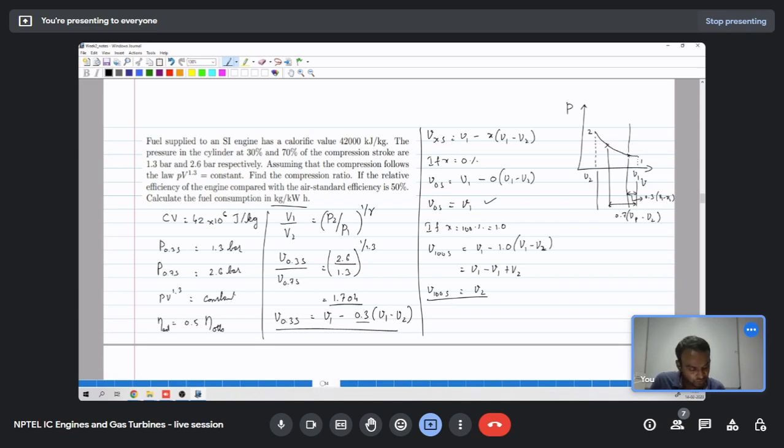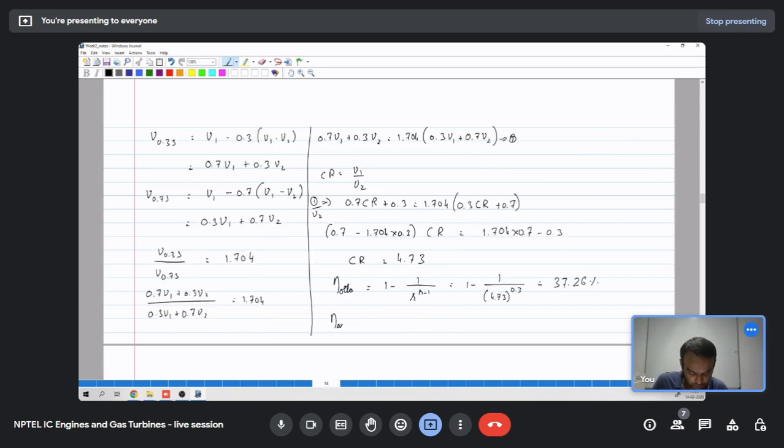So that means the actual efficiency is 0.5 times the Otto efficiency. So that will be 0.5 into 37.26. So that is 18.63%.